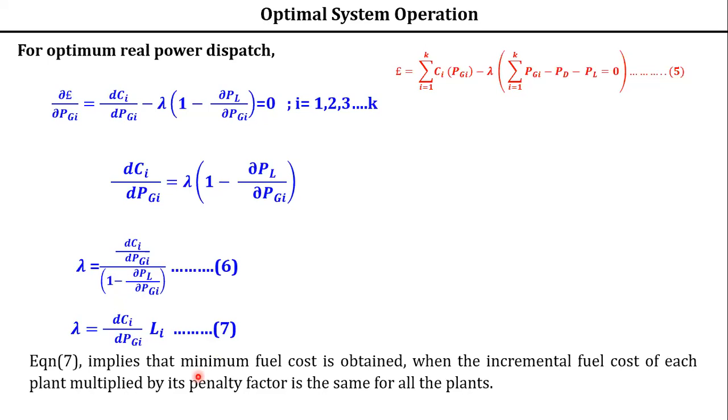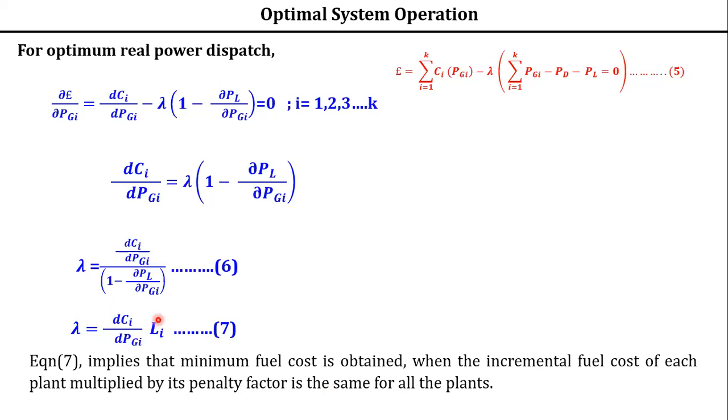Equation 7 implies that minimum fuel cost is obtained when the incremental fuel cost of each plant multiplied by its penalty factor is the same for all the plants. This is the criteria for optimal dispatch. That means minimum fuel cost is obtained when the incremental fuel cost is multiplied by Li.